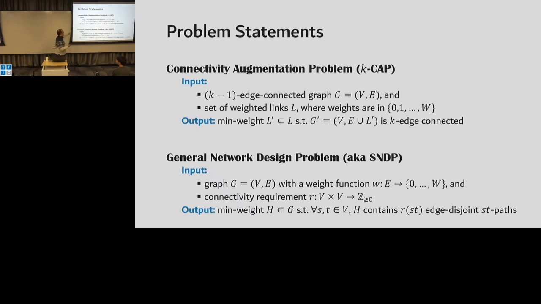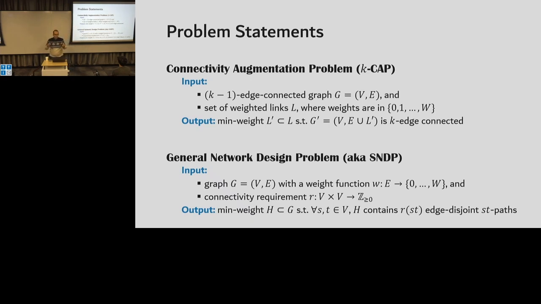I'm mostly going to talk about the connectivity augmentation problem, but we also have results for the more general problem, called the general network design problem, also known as the SNDP problem. In this problem, we are given a graph G, which has weights on its edges, and we are also receiving connectivity requirements R over pairs of vertices.